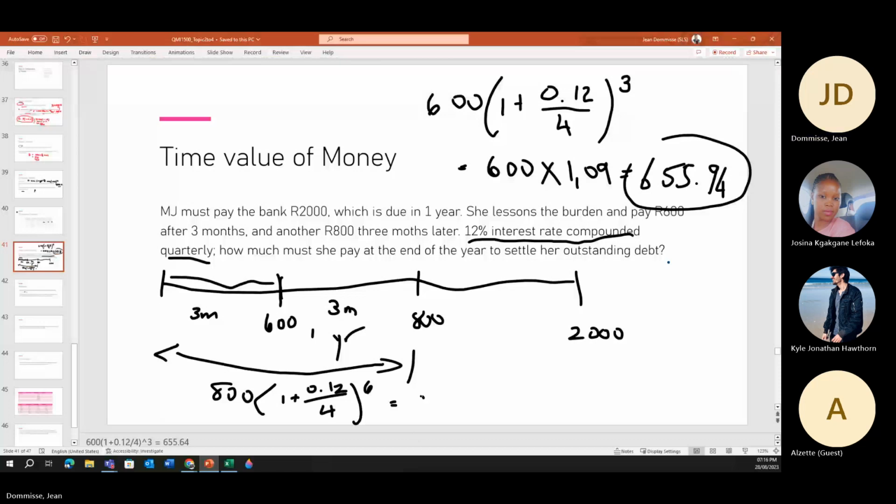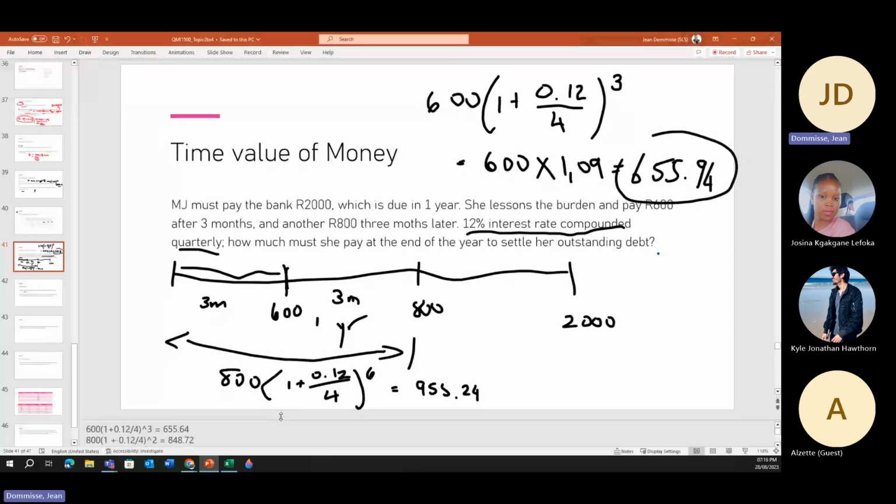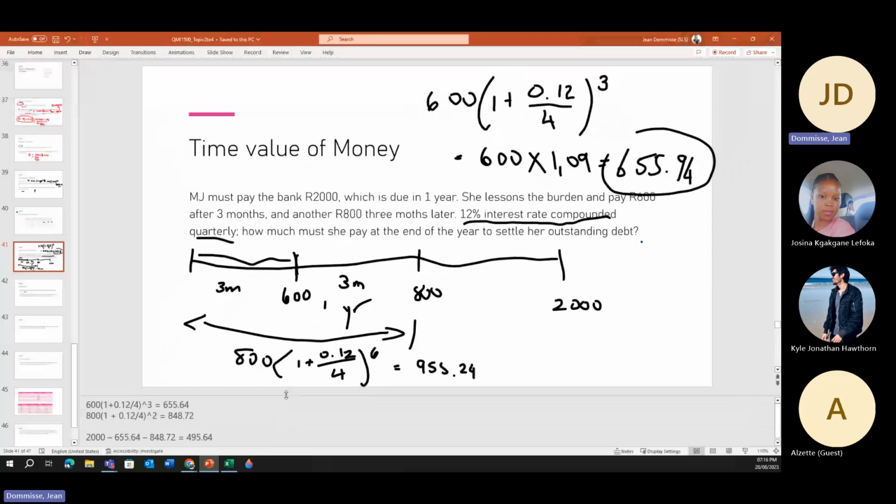So that gives us 955.24. And then you can see in my calculation that I added here, ooh, why did I say times 900? Your period is to the power 2 instead of to the power 6.